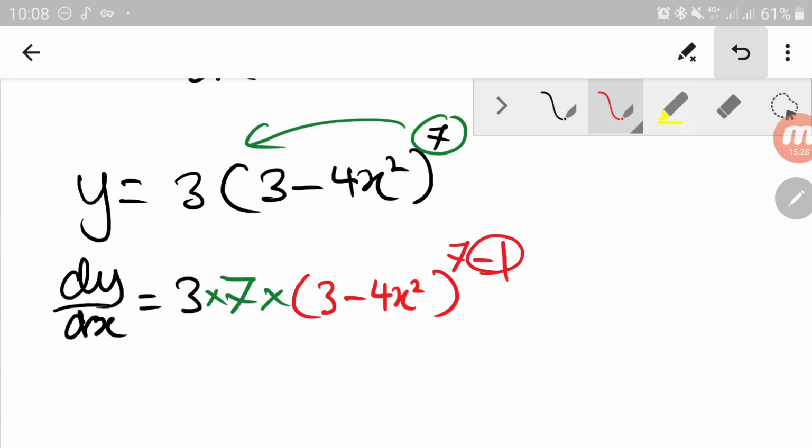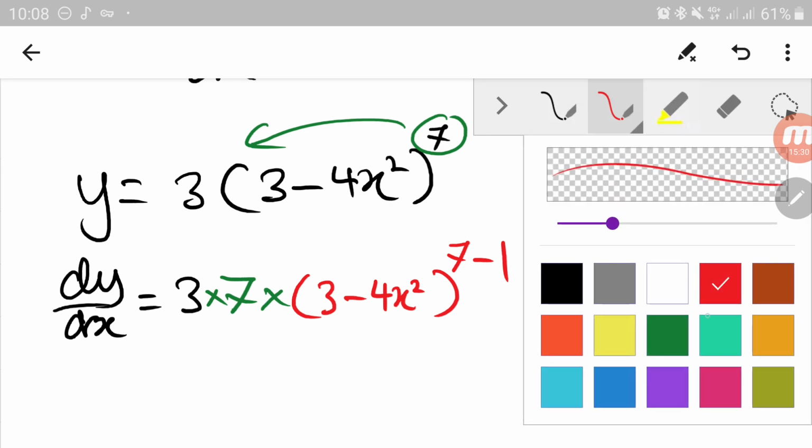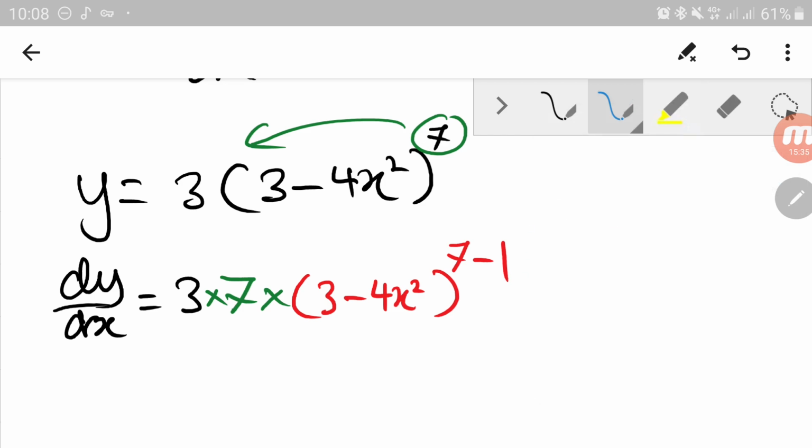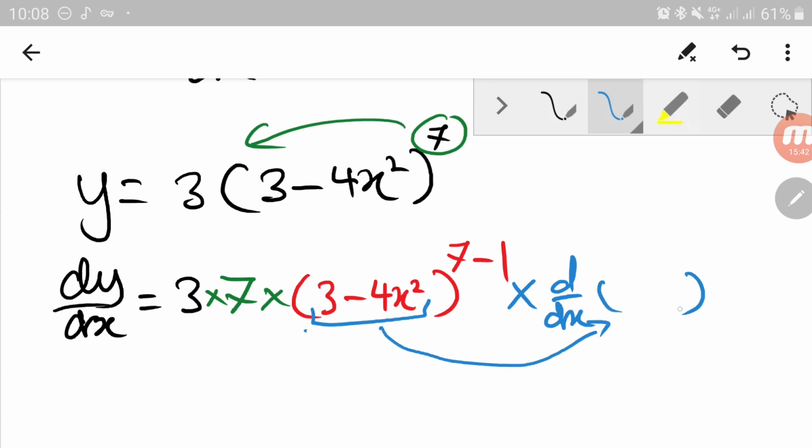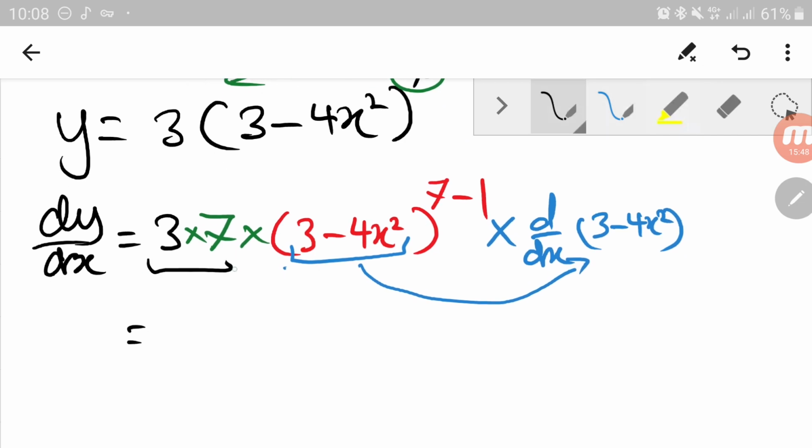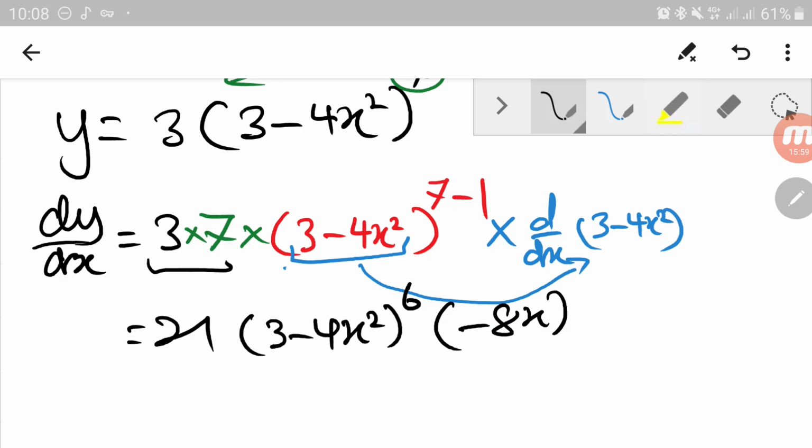This one, don't forget. Okay, and then we multiply with what? The differentiation of the bracket. Copy here: 3 minus 4x squared. So 3, 7 is 21. 3 minus 4x squared to the power of 6. We differentiate this one, we get minus 8x.